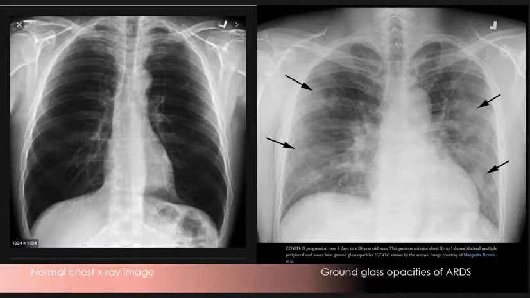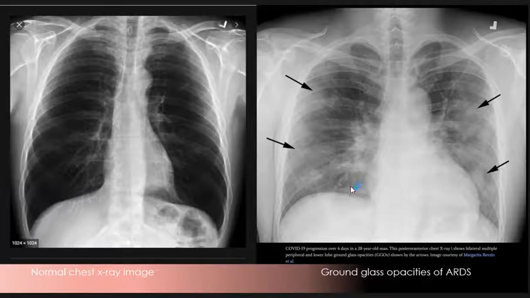This slide shows an X-ray of a normal lung on the left and the hallmark sign of ARDS, which is the ground glass opacity. As you can see here, the arrows show this opaque ground glass.